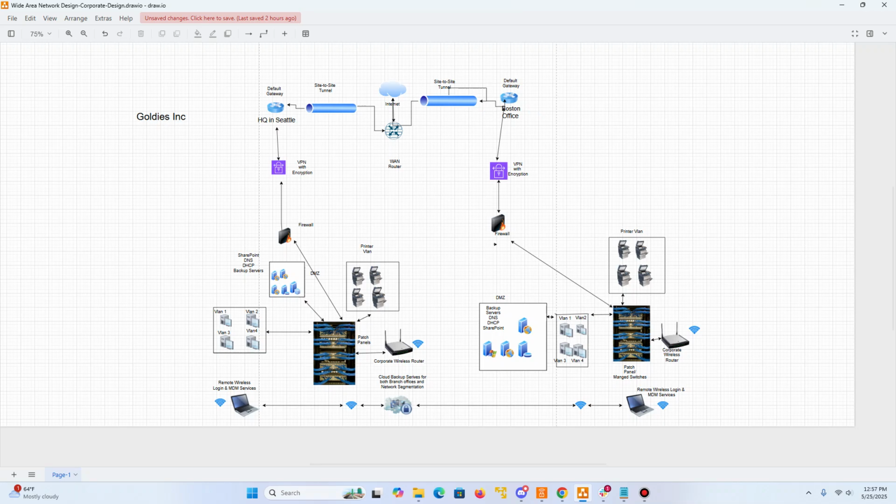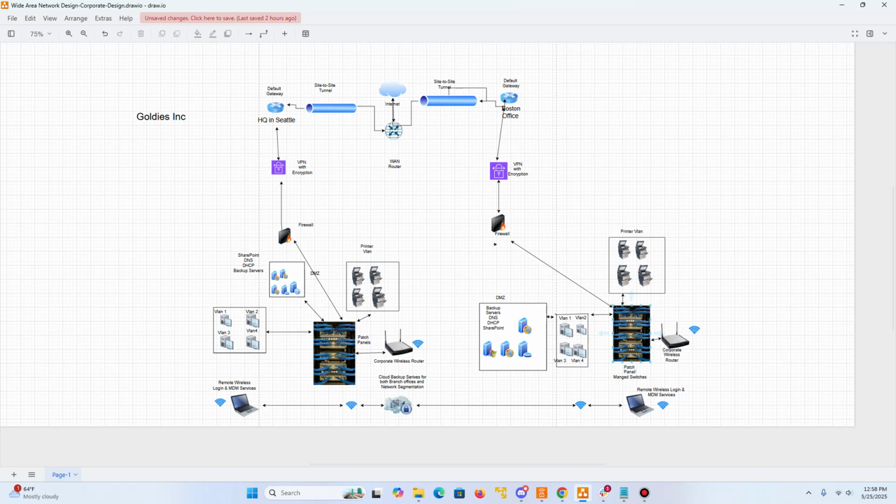So once we explain one side of the house, we will have explained all of the structure of the network architecture. So the first thing that we'll look at in our diagram is our patch panel / switch networks.